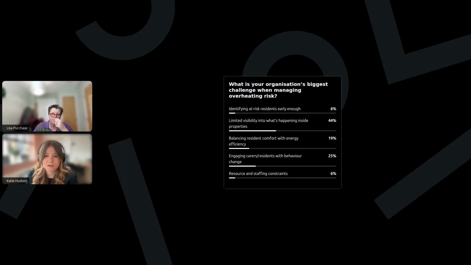Okay, it looks like there's no more coming in. So just from looking at the poll, out of all the options, identifying at-risk residents early enough is showing as, oh no, sorry, I'm getting the wrong one. Limited visibility, sorry, into what's happening inside properties, which is to be expected, to be fair.